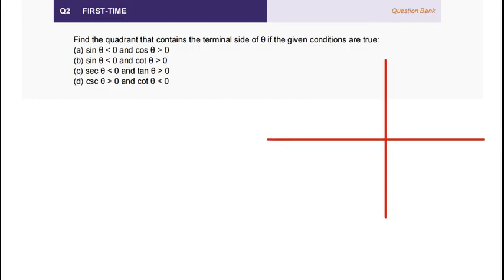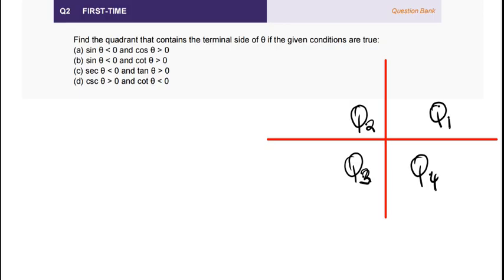Now there are 4 quadrants which you are supposed to know under trigonometry. So here are our quadrants: this is quadrant 1, this is quadrant 2, this is quadrant 3, and this is quadrant 4. Like I've said, I'm going to explain step by step.